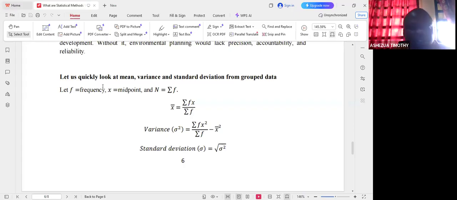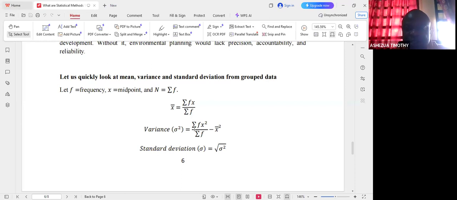So let us quickly look at mean, variance, and standard deviation from grouped data. Let F equal frequency, X equal midpoint, and N equal the sum of F. So X bar is equal to the sum of F X all over the sum of F, that's the summation of the frequency times the midpoint all over the summation of the frequency.